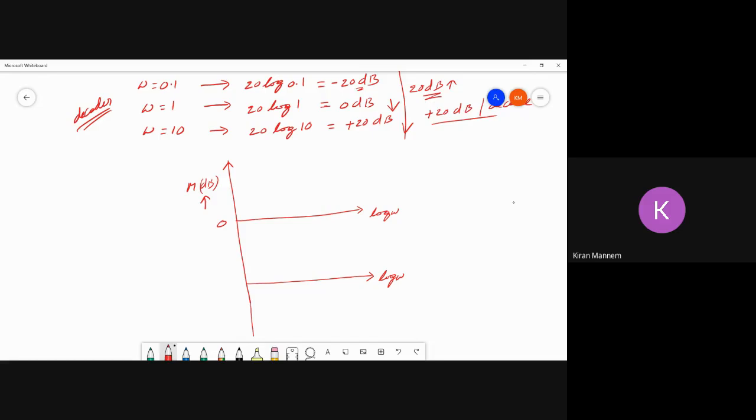So I can say this is plus 20, plus 40, and here it is minus 20, minus 40. And here I can say phase in degrees. I assume this is a 0 degree line, and it would be plus 90 degrees and minus 90.